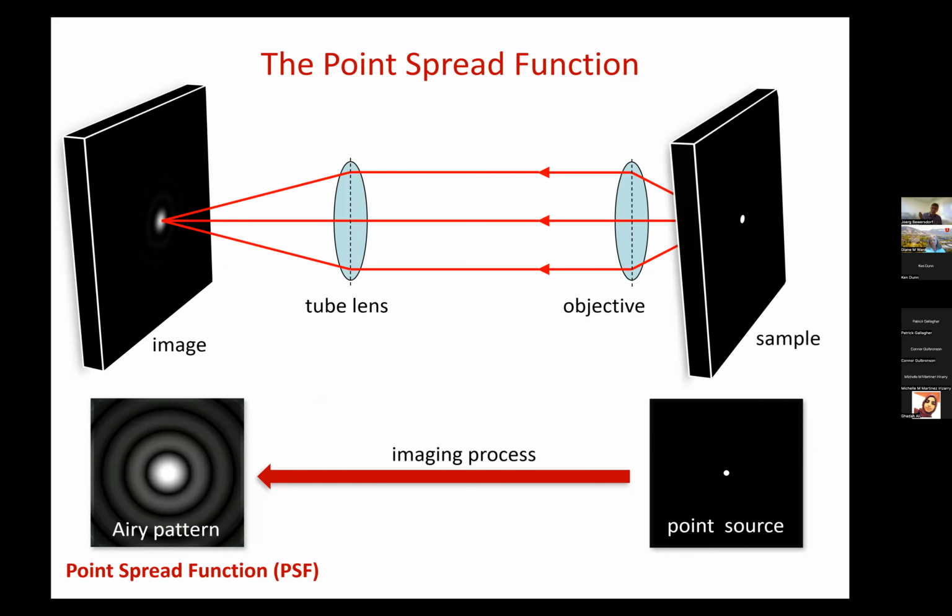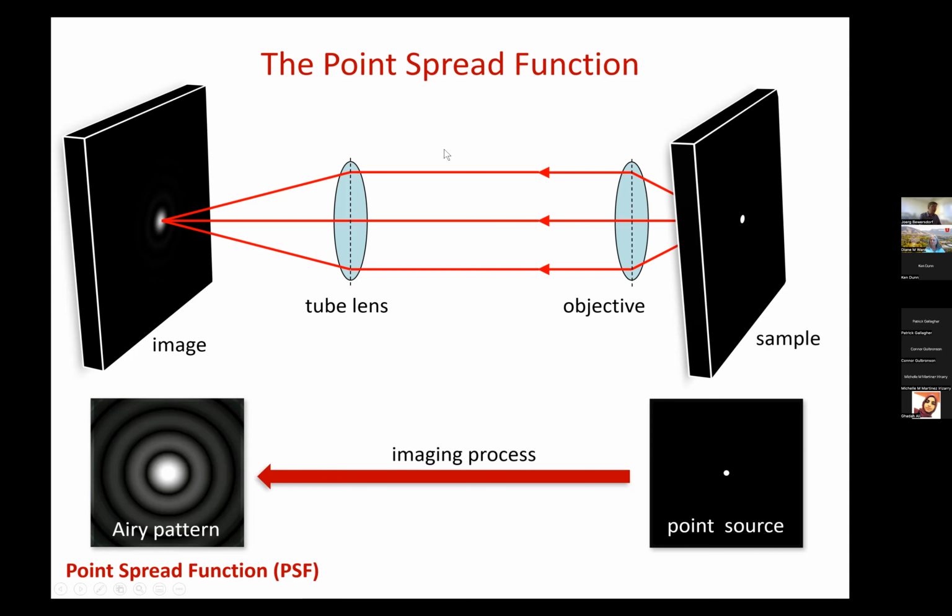I spoke about the basics of microscopy about 2 months ago, and if you're interested in more details there, I encourage you to go back to the recording of that presentation. But for now, suffice to say that the point spread function describes the imaging properties of your microscope by describing how a single point object looks like. And then you can think of your sample consisting of many of these single point objects, and the point spread functions add up to form your final image.